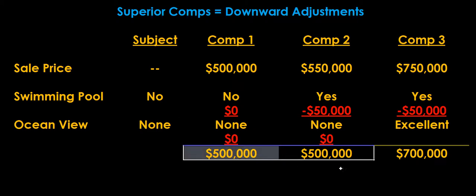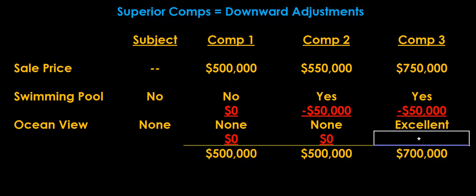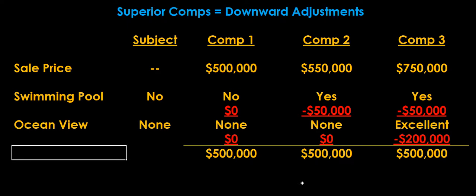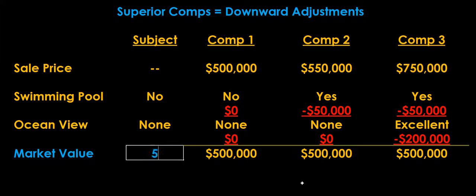Comp 1 and Comp 2 are showing $500,000, and we're at $700,000. So again, even though an ocean view is superior to not having an ocean view, we're going to knock it down. We're going to bring it down by $200,000. And now we've got 3 comps at $500,000 adjusted very neatly. And so we're going to say the market value is $500,000.